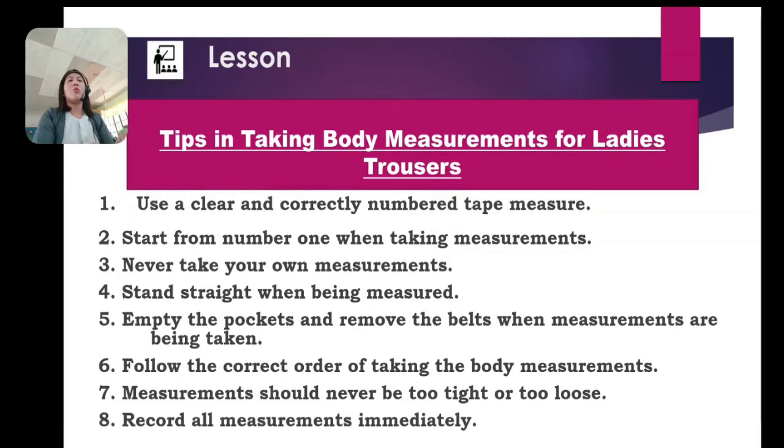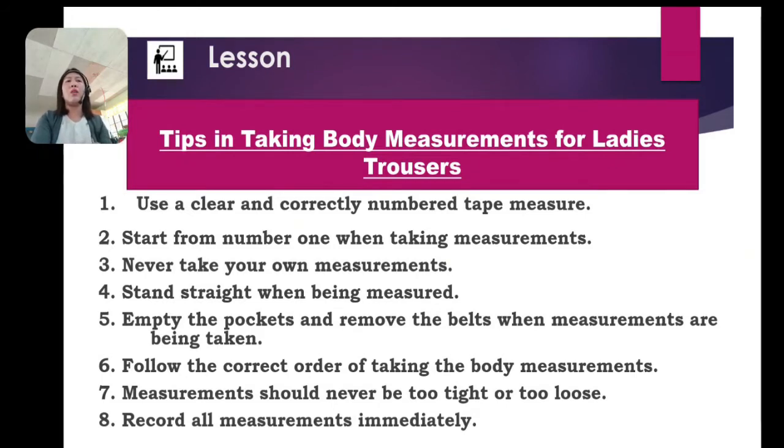So you need to stand straight when you are being measured. Fifth, empty the pockets and remove the belts when measurements are being taken. So you need to empty your pockets and remove your belts when being measured. Why? Because it will add bulk to your measurements.